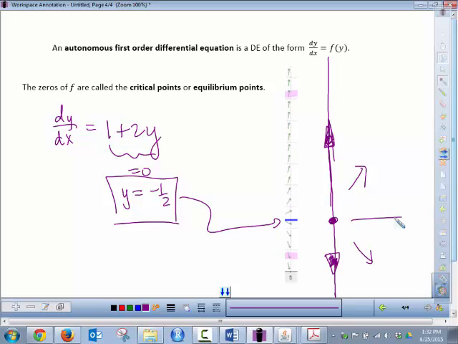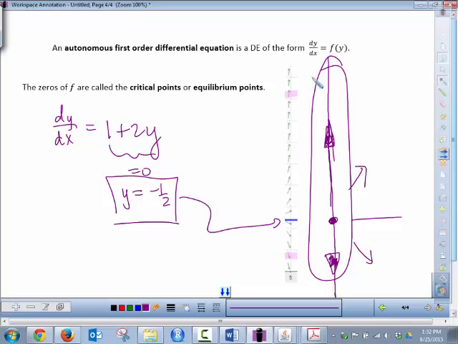So this graph over here gives us that information, whether an equilibrium point is an attractor or a repeller. I think it's called, what is it, sink and... Not sink and what? Source and sink.